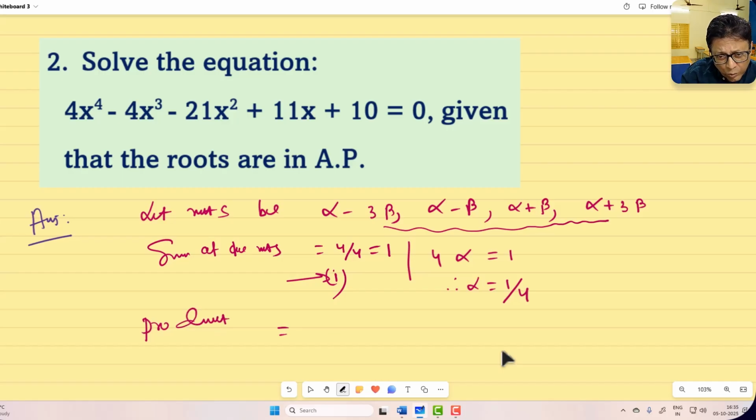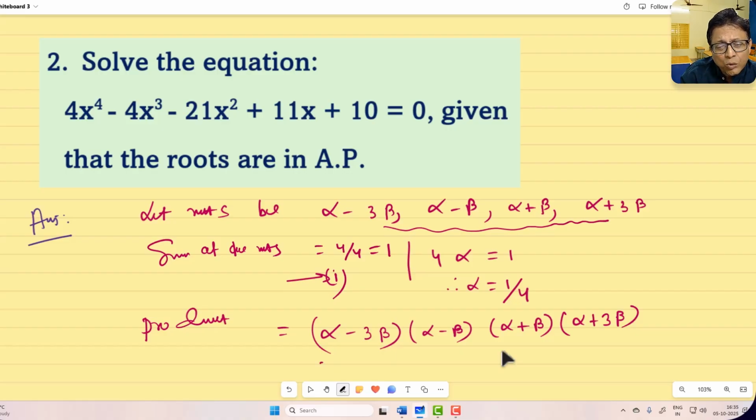The product of these 4 roots is going to be the product of 4 roots, with signs minus, plus, minus, plus, it is 10 by 4 only.